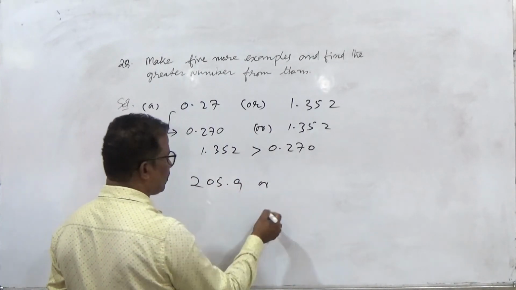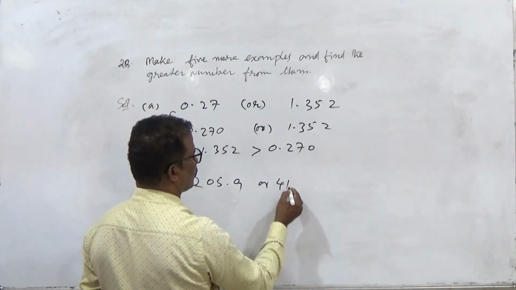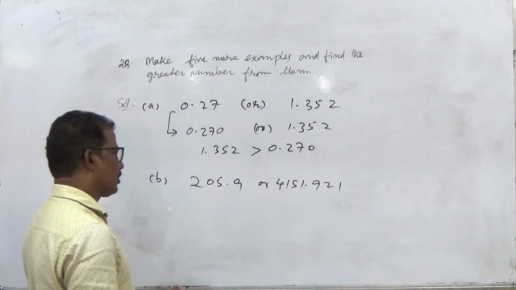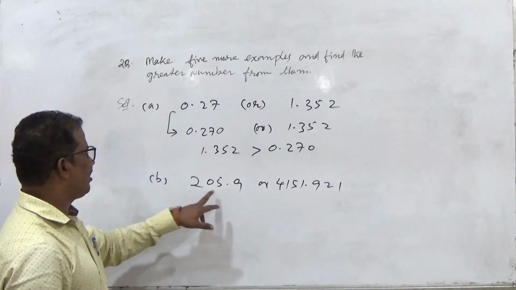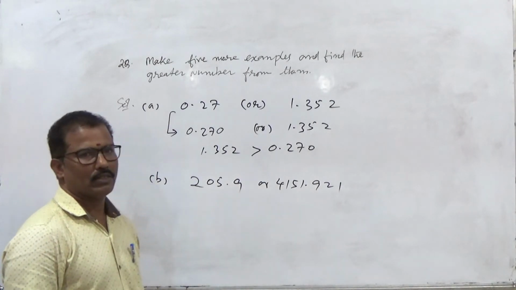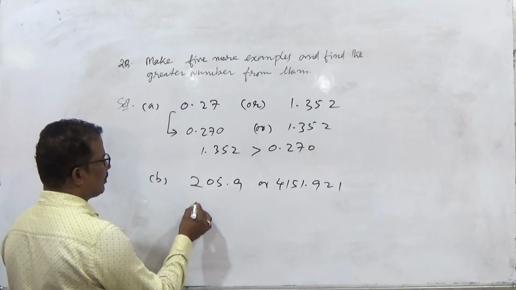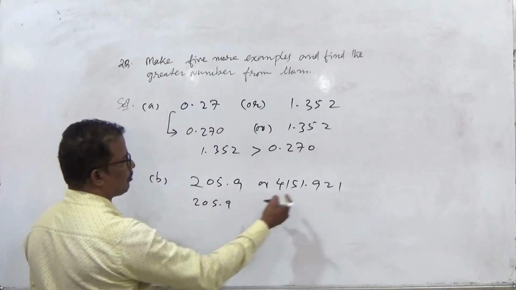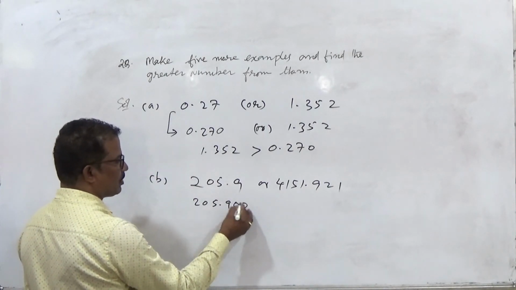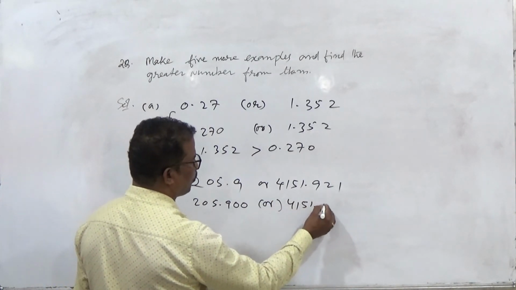Similarly, one more example. 205.9 or, so two decimal numbers I wrote here, 205.9 and here 4151.921. For comparing which is bigger, which is smaller, we have to convert into like decimals first. So how is it? 205.9. Here maximum places are how many? 3. Here one decimal place only. For the hundredths and thousandths we have to put zeros here, and here 4151.921.